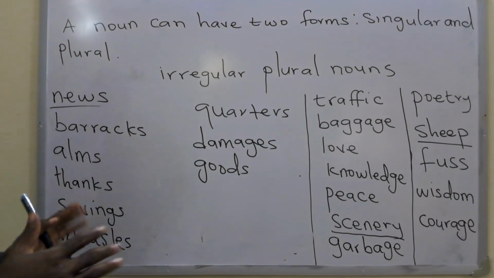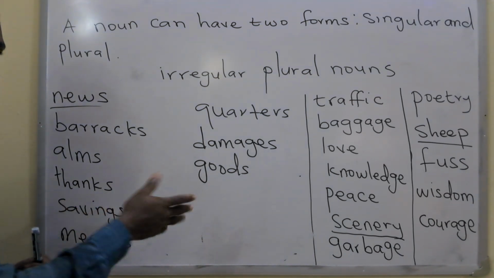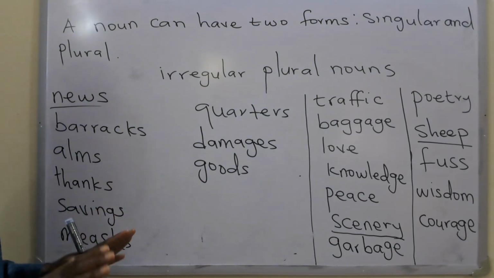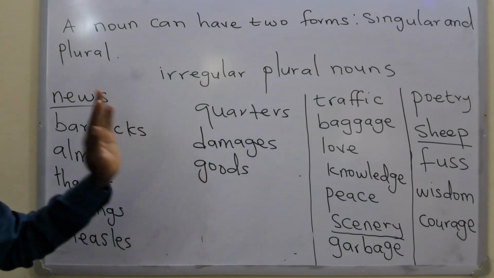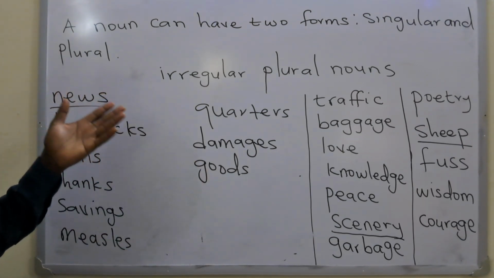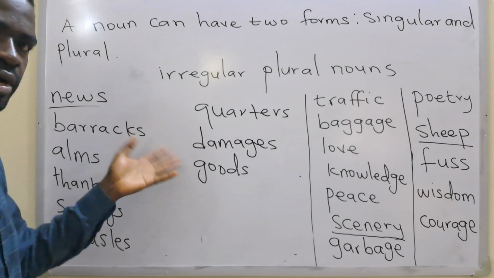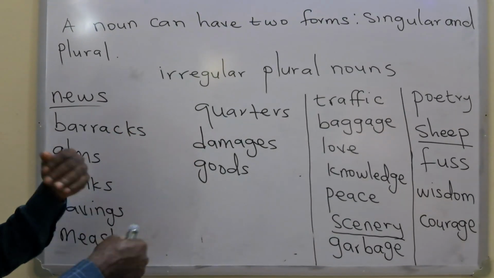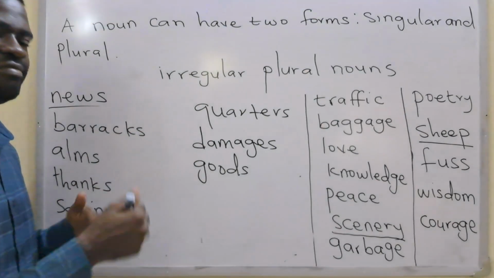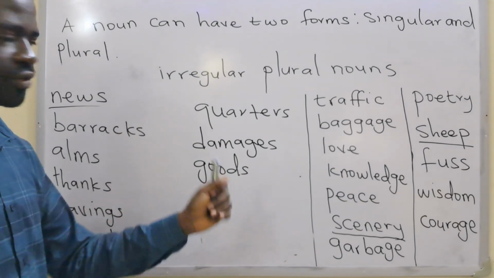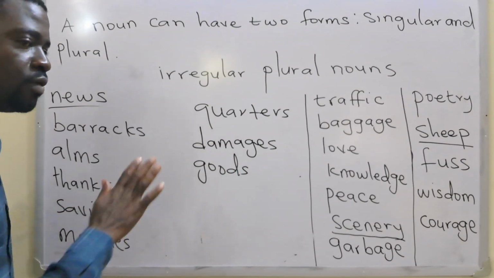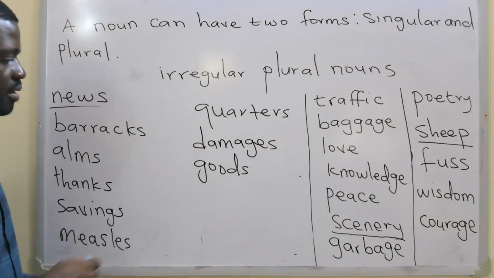So if you have other nouns that end in S, that means they're always in S. It's always goods, maybe products that you buy to sell, or things that have been manufactured in companies or factories, for example. We call it goods. It's always with the S.